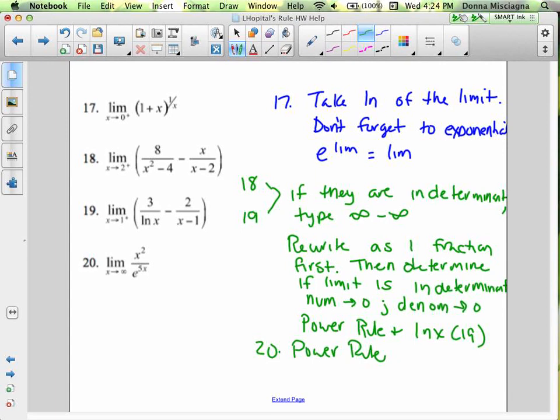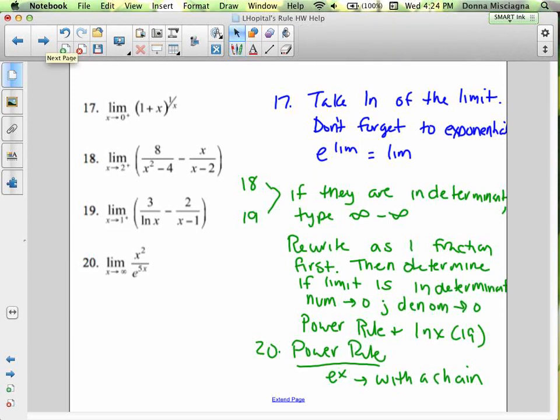In the denominator, it's e to the x, but with a chain, because you've got to take the derivative of the exponent there, 5x. All right, so I hope this helps you in finding these.